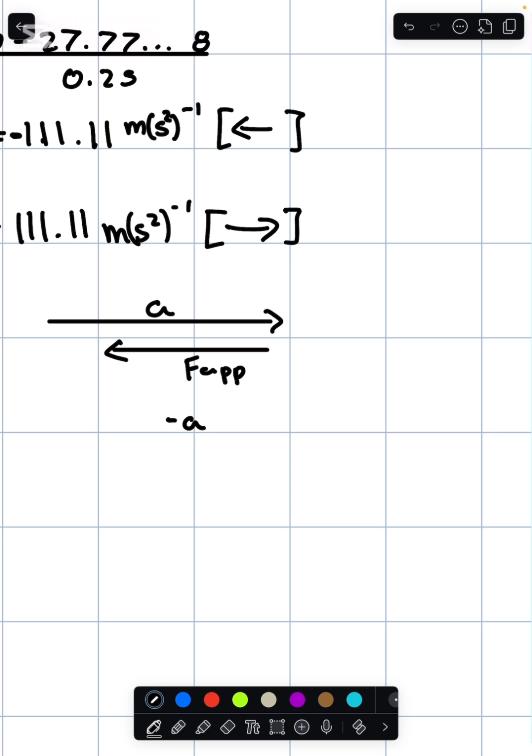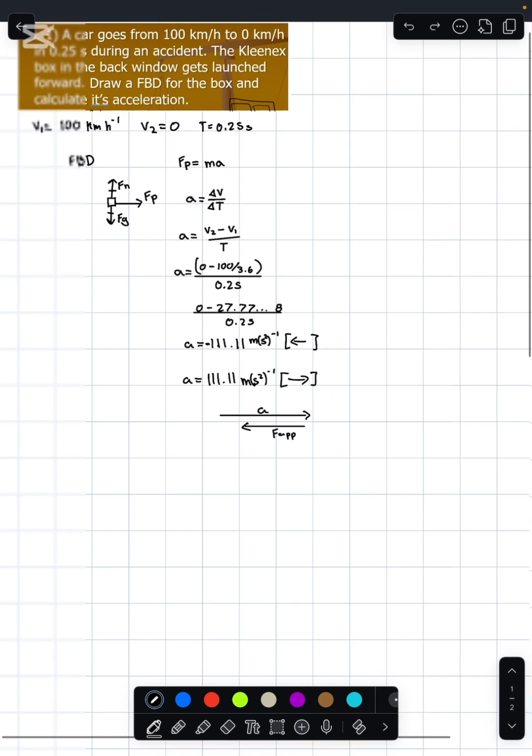So try pushing something that's moving towards you. It's going to be going the opposite direction, but the acceleration would be negative. Or it would just be going the other way. So regardless, that is our first question.